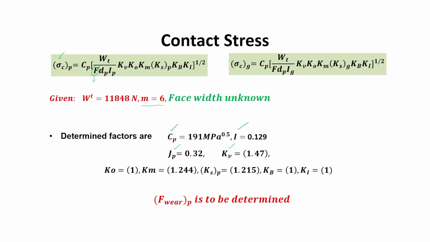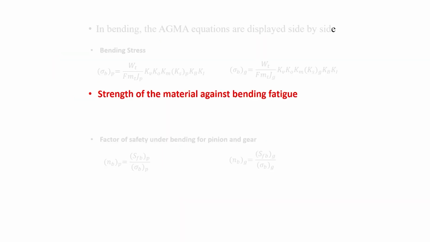So, our next aim is to determine this face width under wear after knowing the surface fatigue strength of the material of the gear. So, the strength of the material against bending fatigue is given by this formula. Let us find these factors and this value.